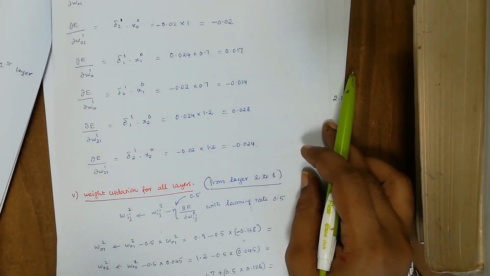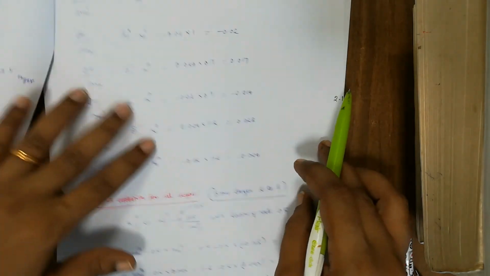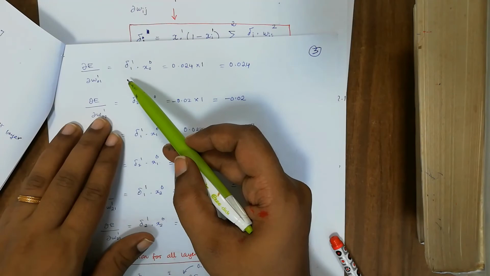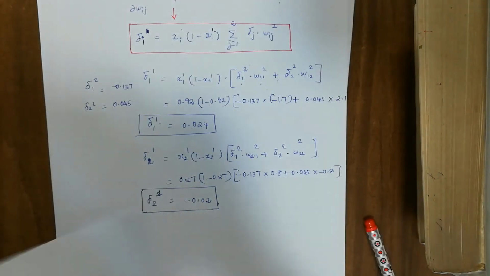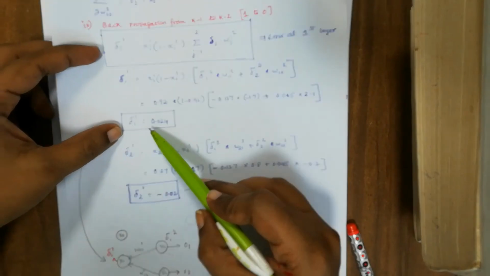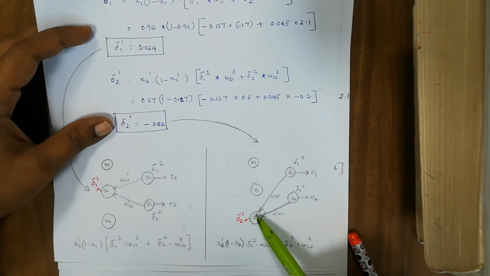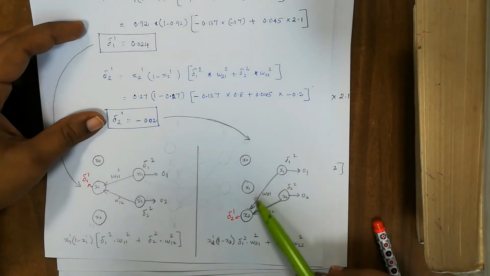Now let us proceed. Once I have calculated the value of del 1 1 and then del 2 1, this diagram I have explained, so here it is shown separately.